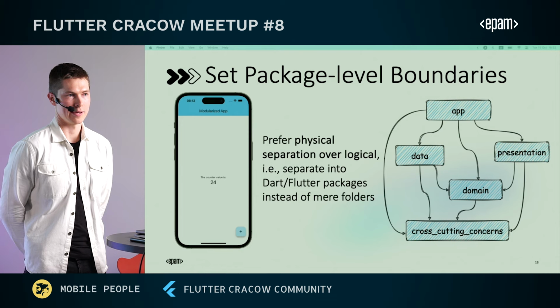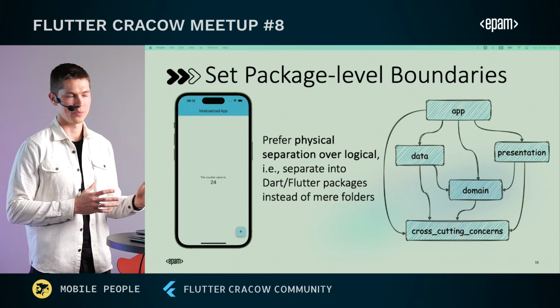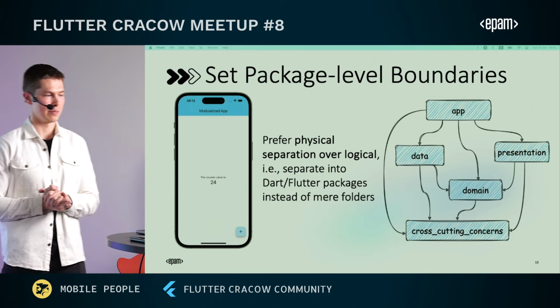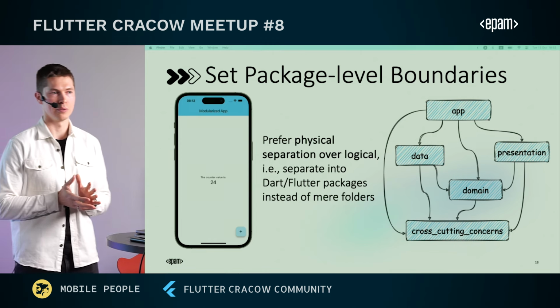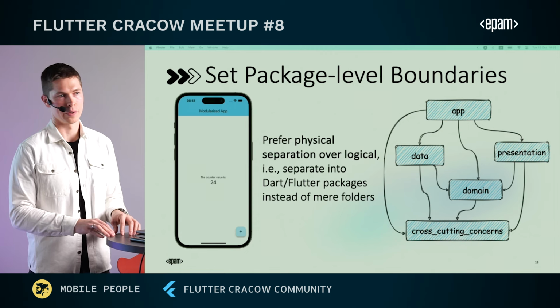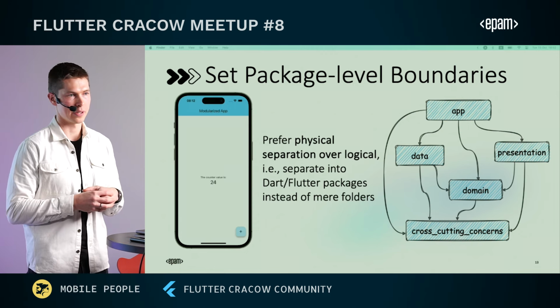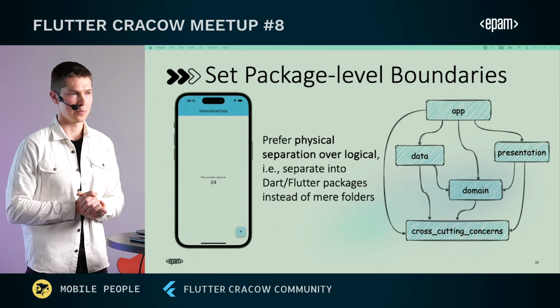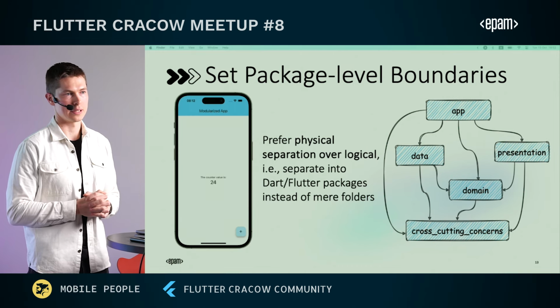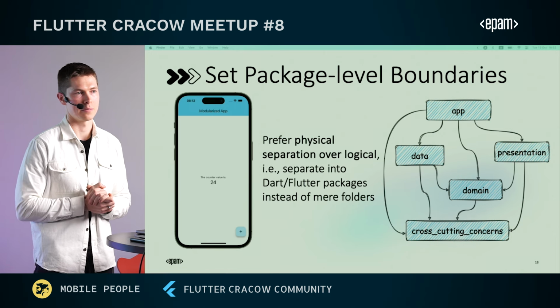In the data package, you would have a repository implementation, which will provide data. The presentation package will contain, for example, a Cubit or Bloc, if you use the bloc package, and the page with widgets. The application package will bind everything together, and cross-cutting concerns will contain DI interfaces, logging interfaces, and stuff like that. So this is just an example.